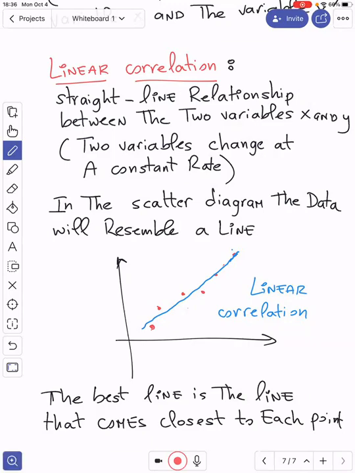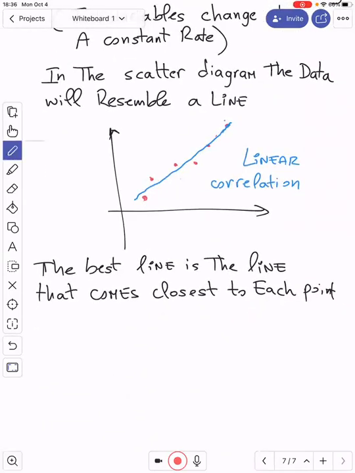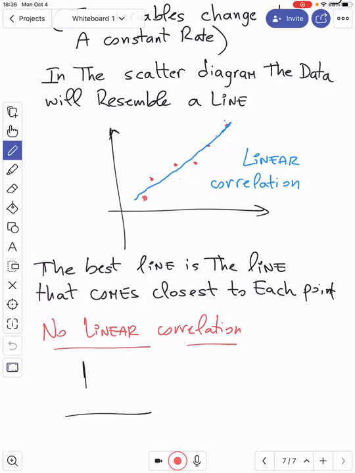In the case where your scatter diagram does not show a linear correlation, it would look like, for example, a lot of points, and as you can see here, there is no line which is really close.